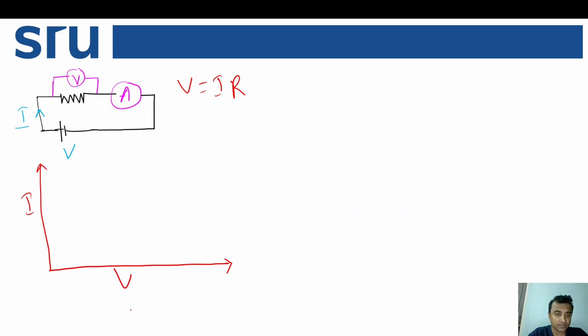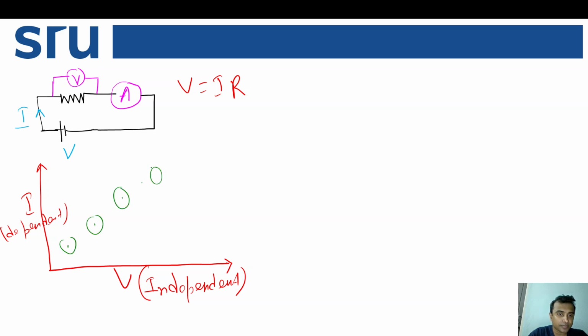So that's why V is an independent variable, and this is dependent, what we are actually measuring. Right now we are getting points like this, and if we draw a straight line, it will pass through the origin.